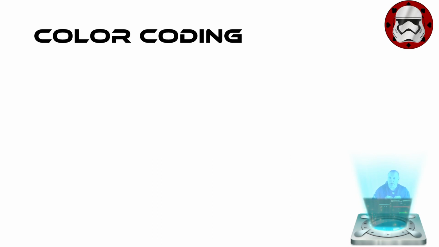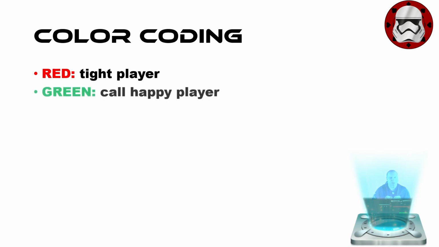Here's the color coding that I use. Red is a tight player, so anyone with low VPIP, low aggression. So pretty much tight passive players. Then green is often used for call-happy players, and I also use green versus any player with high VPIP that I have an edge against. Sometimes the opponent might have preflop stats of 25-25.